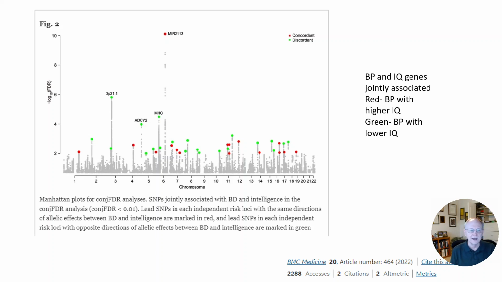Well, interestingly, among these variants, there are some, those in green, that push the risk toward bipolar but are also associated with high IQ, whereas the red variants push you toward bipolar but are associated with low IQ. So that's intriguing, and would explain this paradox that we often run into.